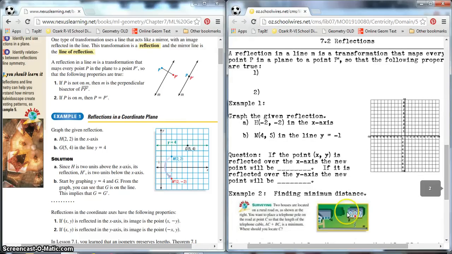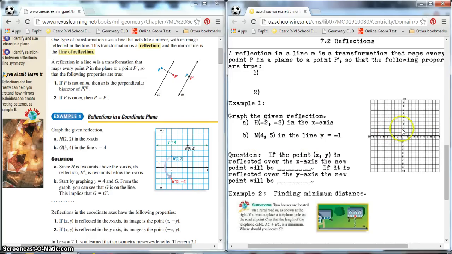There we go. So since it's right here and we want to reflect it over the x-axis, we want it to jump this way, over the x-axis. So it's going to start here, and since it's 2 units away from the x-axis, then we're going to want to go 2 units on the other side and put H prime. All right, so it starts out at -2, -2 and it's going to end at -2, 2 if we reflect in the x-axis.